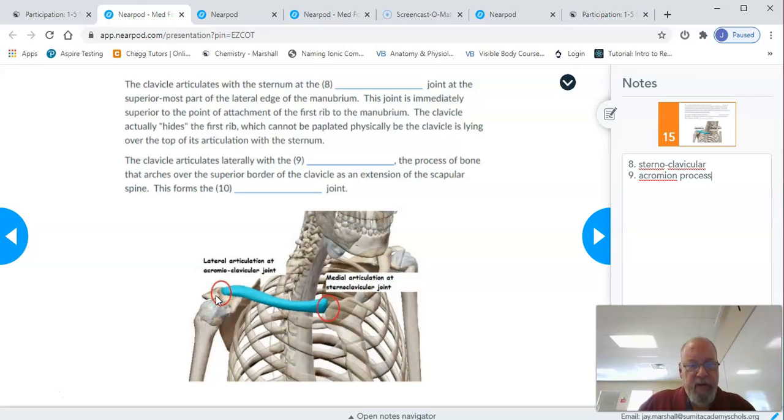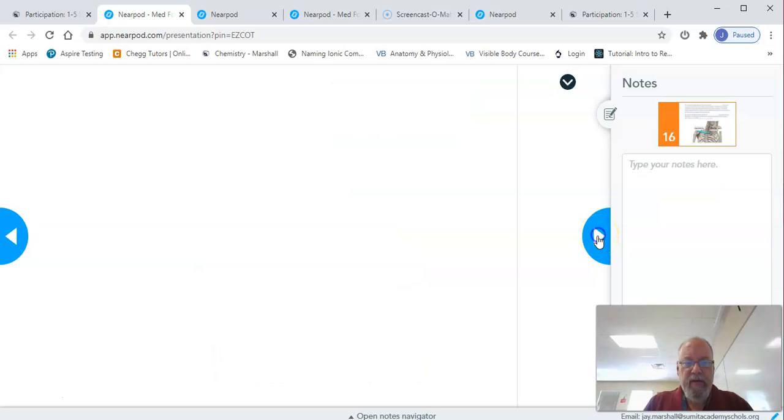It arches over the superior border of the clavicle as an extension of the scapular spine. This forms the acromioclavicular joint. Let's spell that: acromioclavicular. Okay, go ahead and go to the next slide.